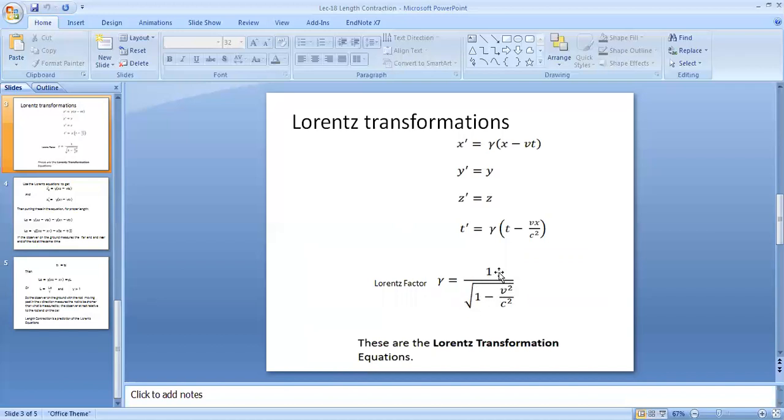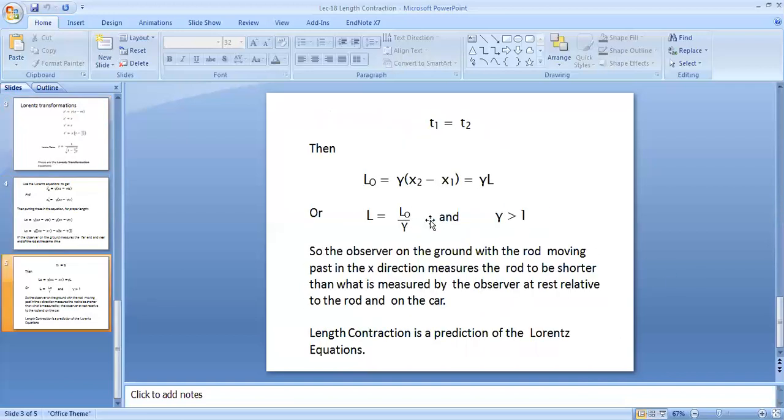So 1 over a fraction will always be greater than 1. In this way, gamma is always greater than 1. When gamma is greater than 1, L will always be lesser than L naught. So the length of the rod seems to be contracted when there is relative motion between the observer and the rod. This is an outcome of the special theory of relativity.